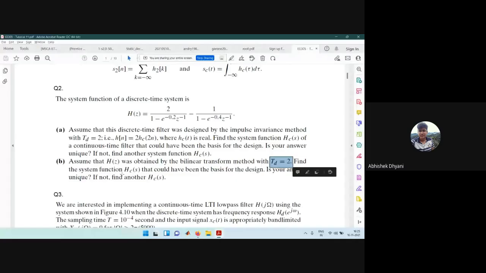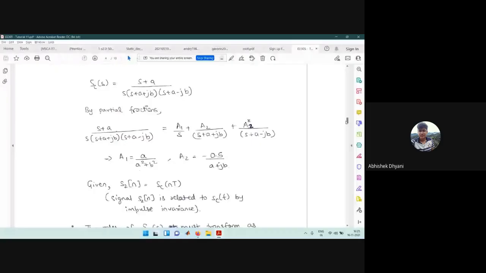Now it says, find the system function HCS that could have been the basis for the design. Similarly to the previous case, but now we do not have impulse invariance, rather we have a bilinear transform method. Again, Td is 2, and we have to find the system function in continuous time which could have been the basis to design this HZ. So let's look at this part also.